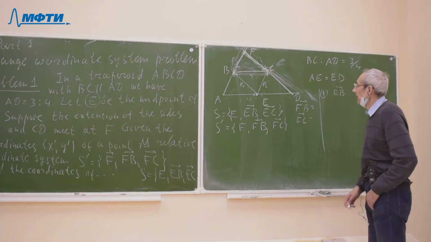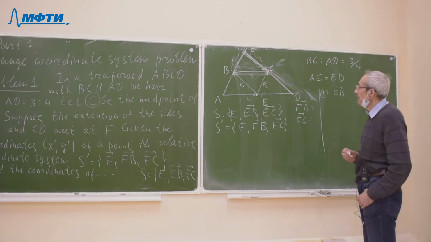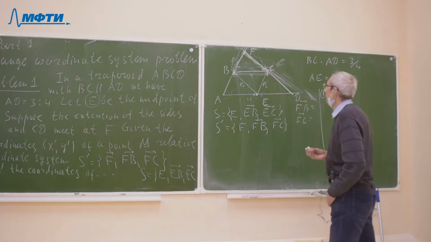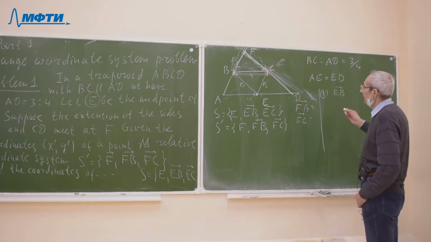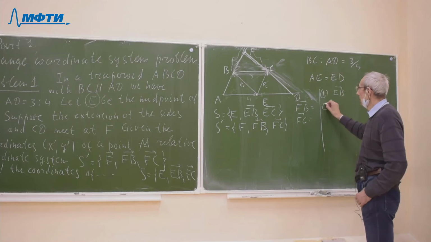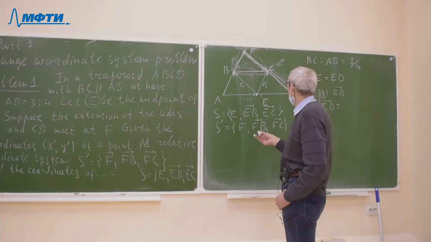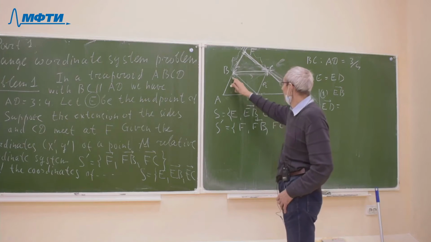Let's start. We can calculate EB and ED in terms of AE and AB.